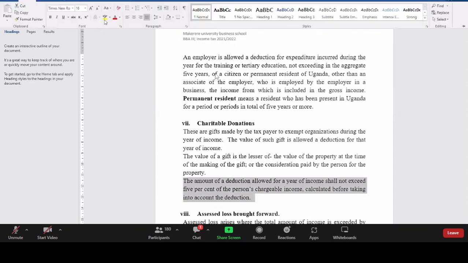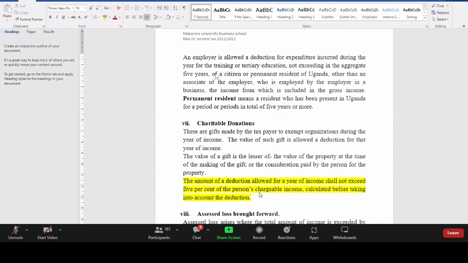Let me highlight it. The amount of the deduction allowed for donations. I told you, you must read and know who are those exempt organizations to which we give. The amount of deduction allowed for the year of income shall not exceed 5%. Shall not exceed implies the maximum you can go is 5% of the chargeable income calculated before taking into account the deduction.